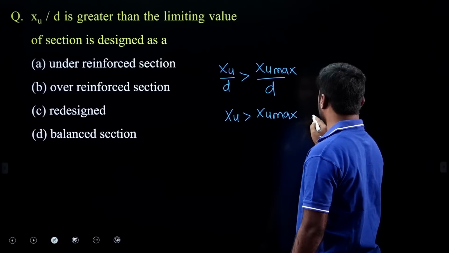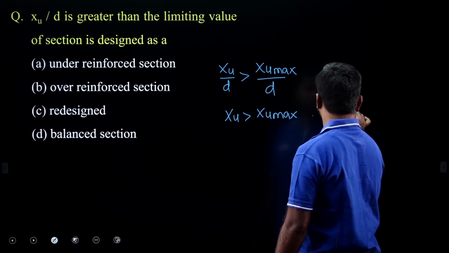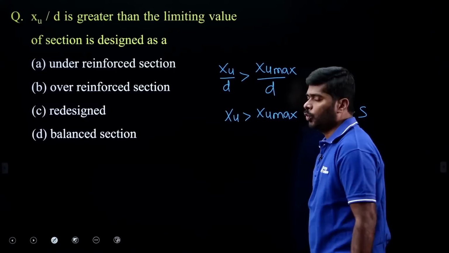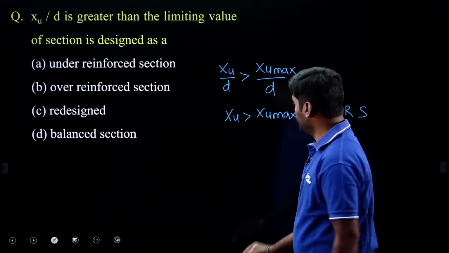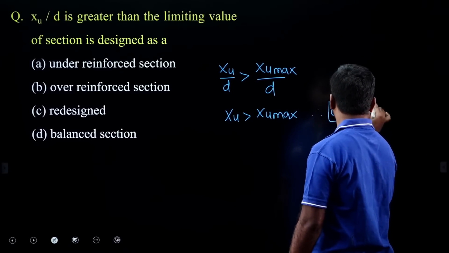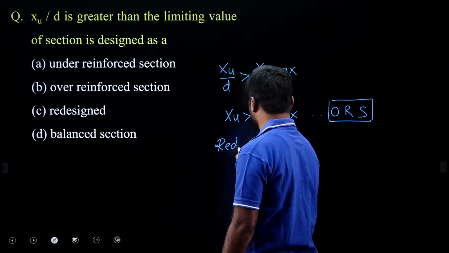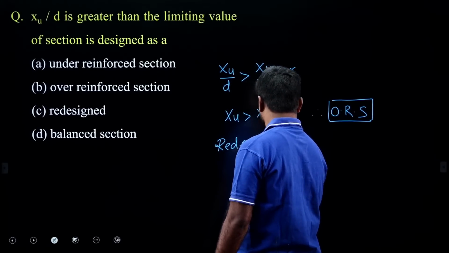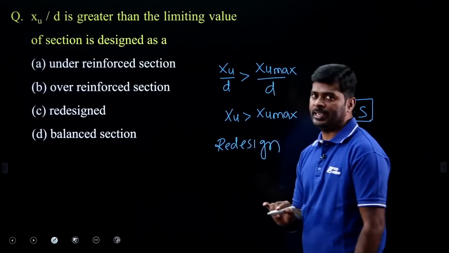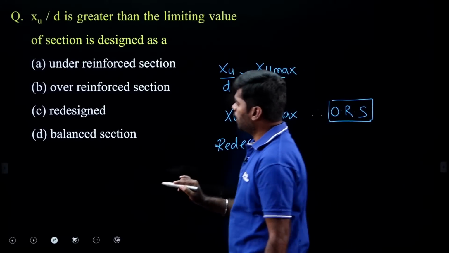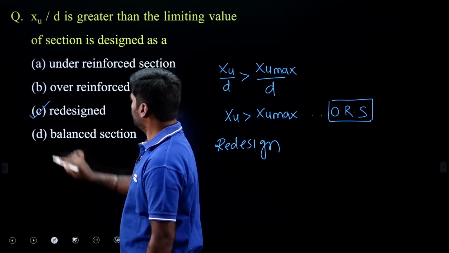If it is the case, we can say it is an over reinforced section. But we don't design over reinforced section because the nature of failure is sudden. That is why we suggest to go for redesign. Right? Option C is correct.